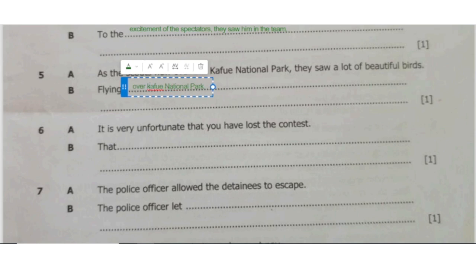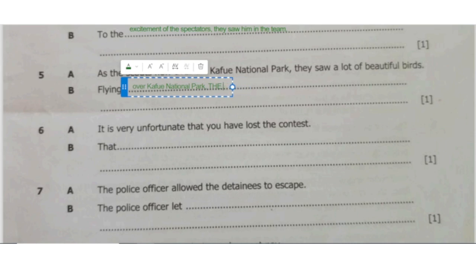Then once you have done that, you put the comma. Flying over the Kafue National Park, the scouts.